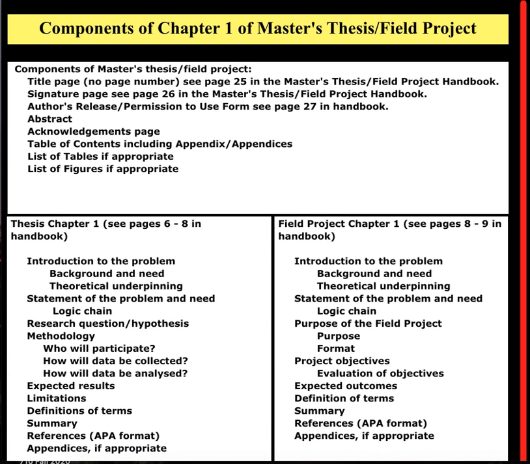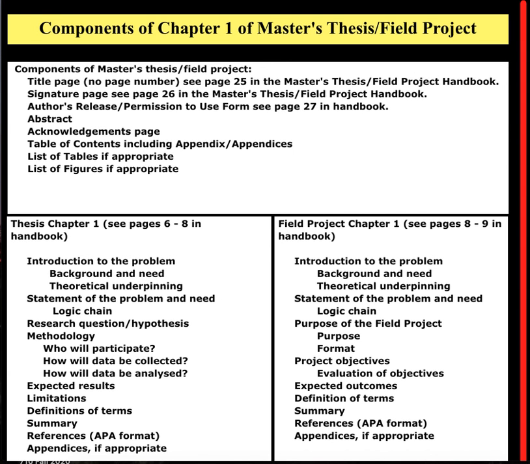Then you will have a section for your project objectives, and you will spell out specifically your objectives, and you will also spell out specifically how each objective will be evaluated. Then you will have a section on expected outcomes, a section on definition of terms, a summary section, a reference section, and, if necessary, appendices.